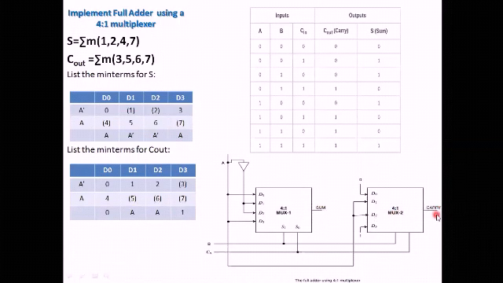There are two select lines B and C in, and this is 4:1 multiplexer 1, and this is 4:1 multiplexer 2. Now there are 4 input lines D0, D1, D2 and D3, and here also there are 4 input lines D0, D1, D2 and D3. Now here this A is connected to an inverter.